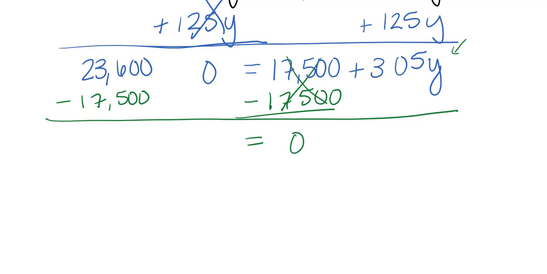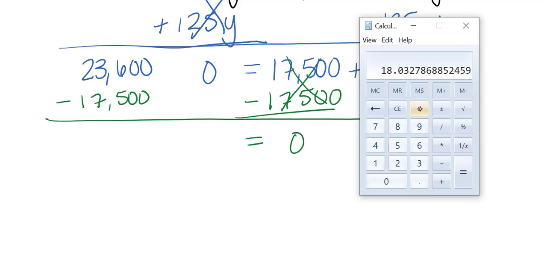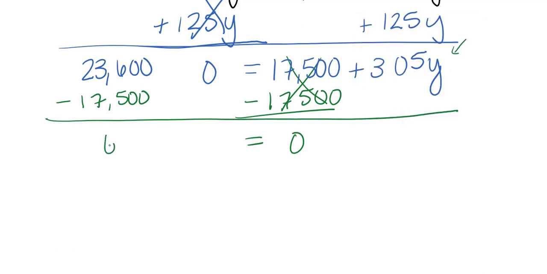Now we have 23,600 minus 17,500, and we get 6,100. So let's bring that down, which is equal to, and then we bring down this 305y.